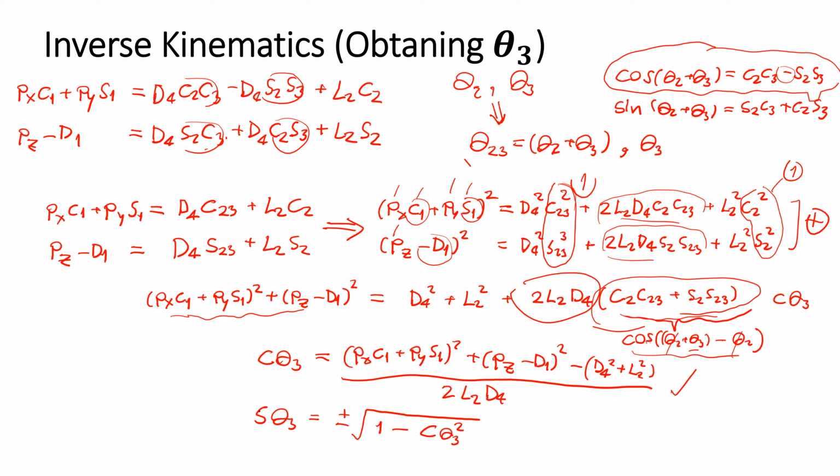In order to obtain the sine of the theta 3, we use the trigon property, but there are two possible ways to get the sine of theta 3.